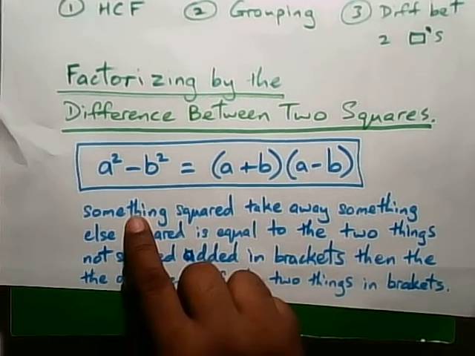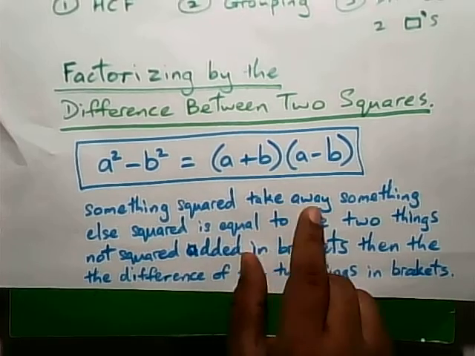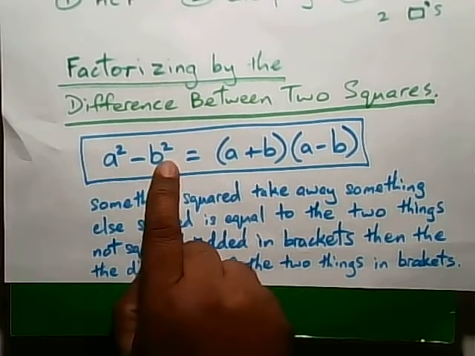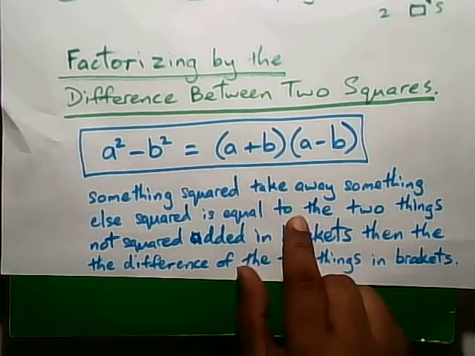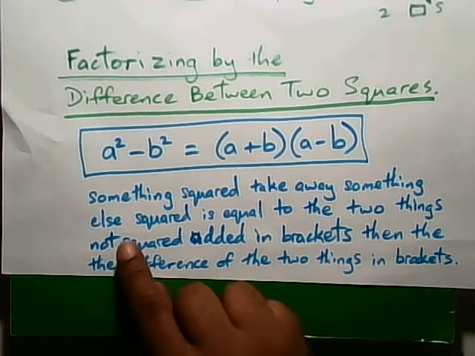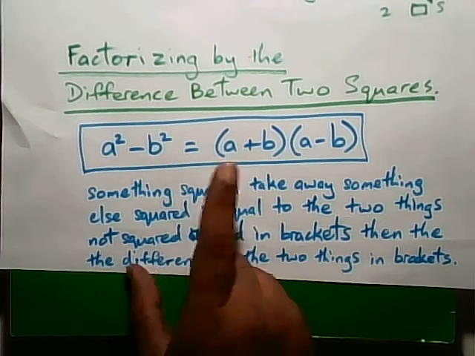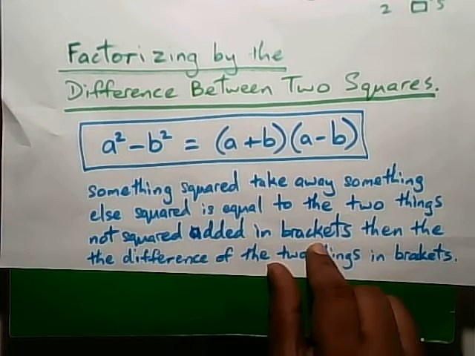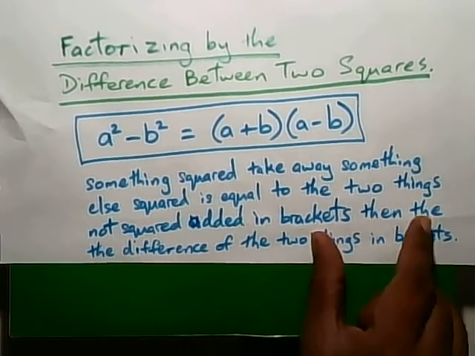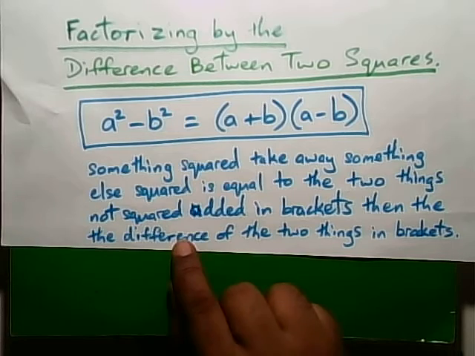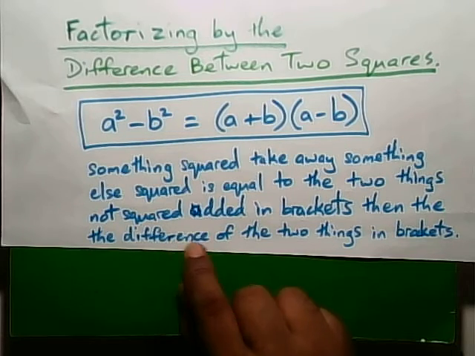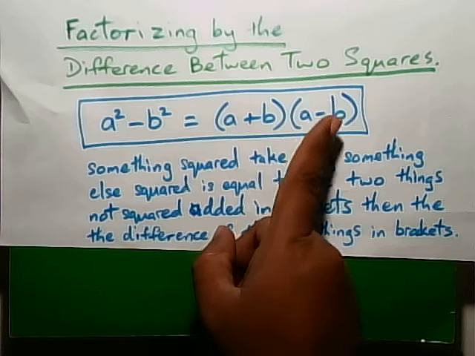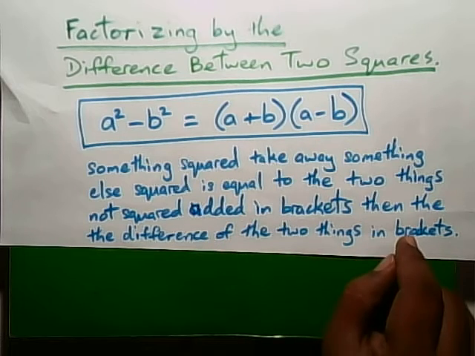So let me just explain that there. Something squared, take away something else squared is equal to the two things not squared, they're not squared anymore, added in brackets, then the difference, meaning take away, the difference of the two things not squared in brackets.